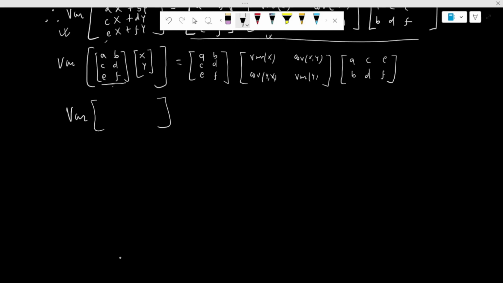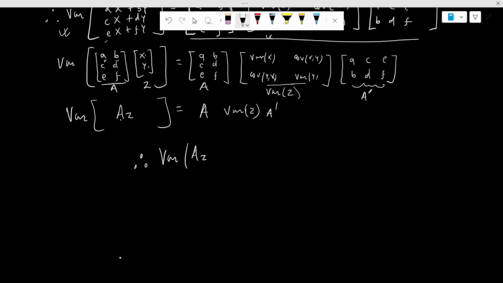Now let us represent the matrix of scales by A and the vector of variables by Z. Then we get that the variance of AZ is equal to A variance of Z times A transpose, where Z is equal to the vector of random variables x and y.